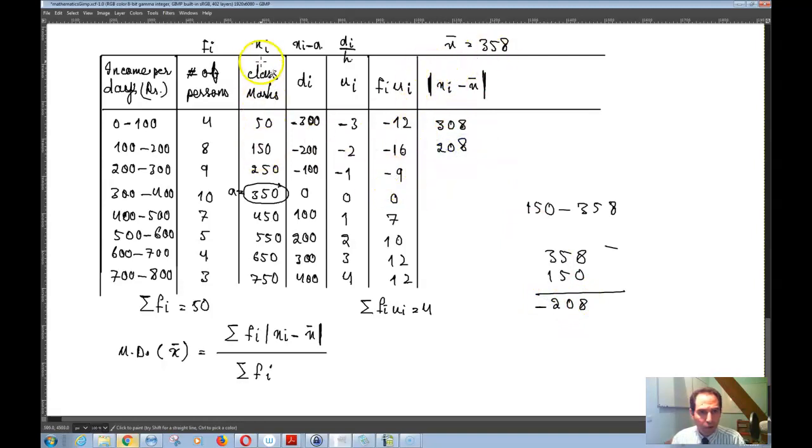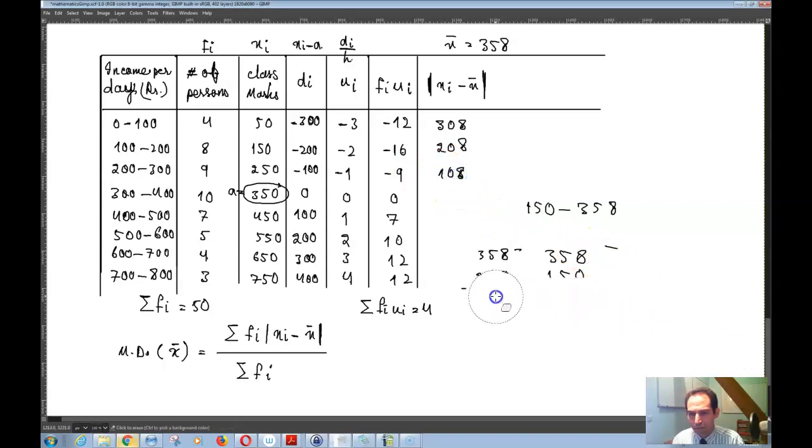Again, x of i minus x bar. So 250 minus 358. 358 minus 250 gives negative 108, positive 108 in absolute value.